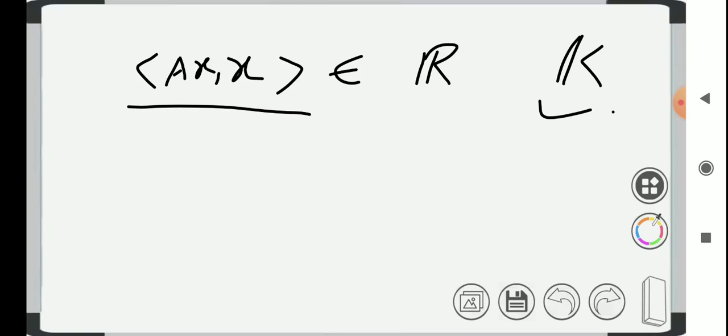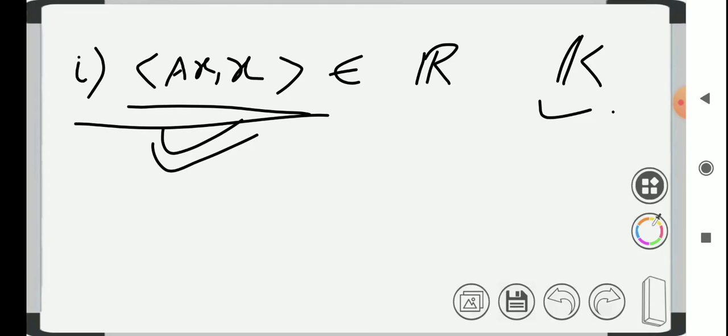But here we have the property that it is always real. So we need to impose further conditions on this operator in order for it to represent our observables. We will not go into that. We will simply study some basic properties about it. So we will show the first property, that its value is always real for all vectors in our Hilbert space H.